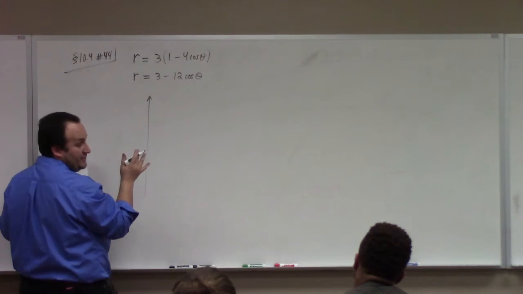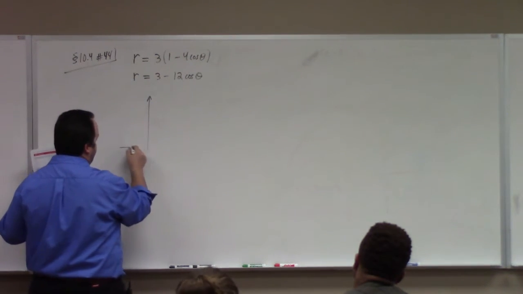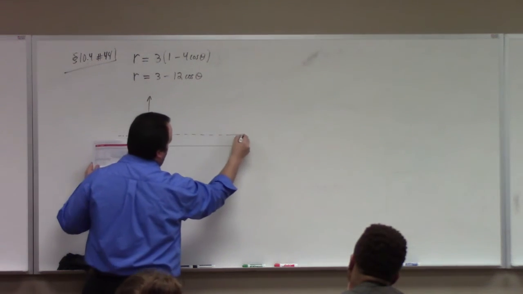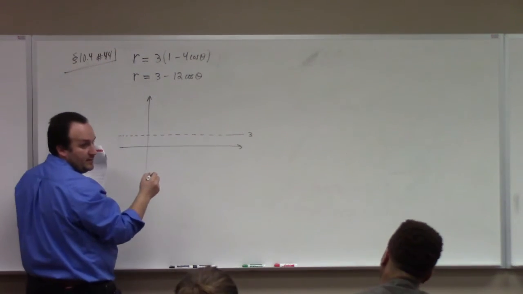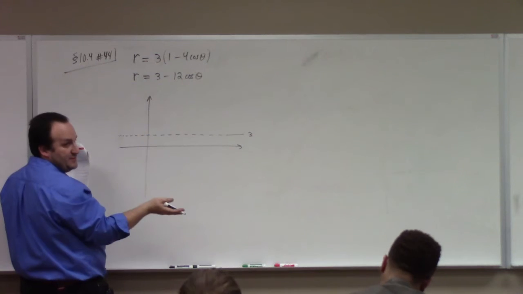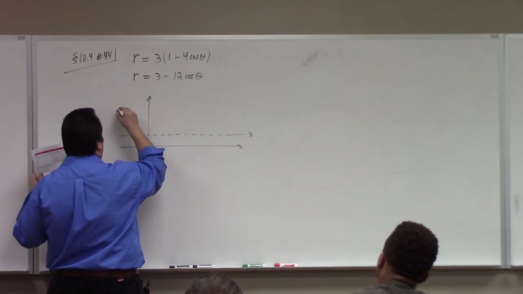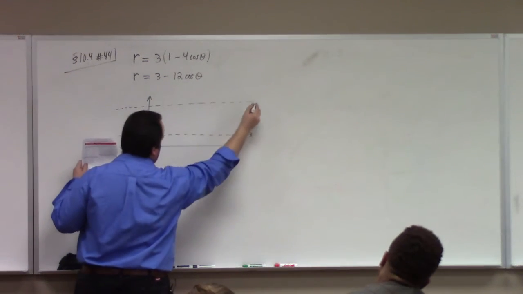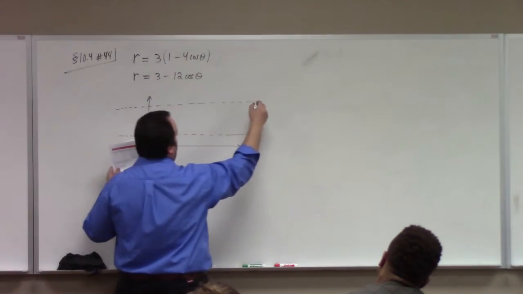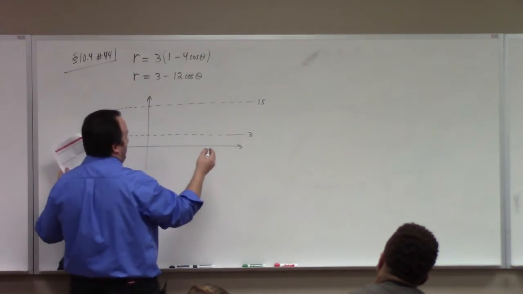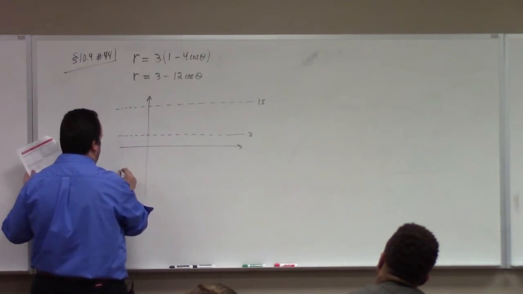You notice this is centered around 3. If this is 3, then it's going up and down 12 from there. So basically this graph is between 12 plus 3, which is 15, and 3 minus 12, which is minus 9.